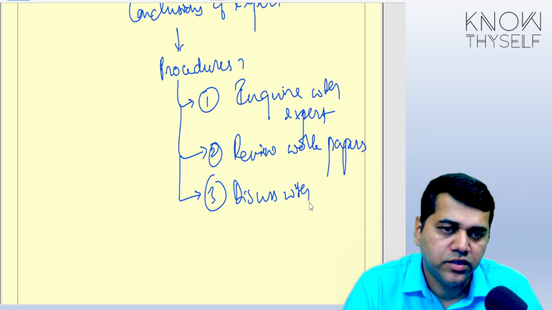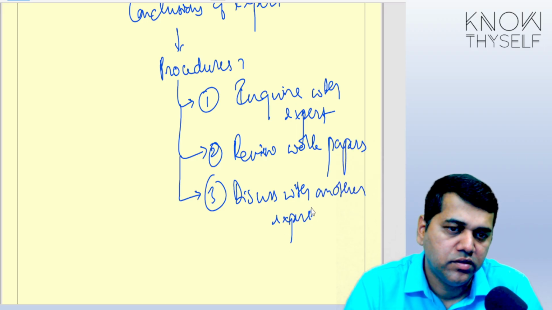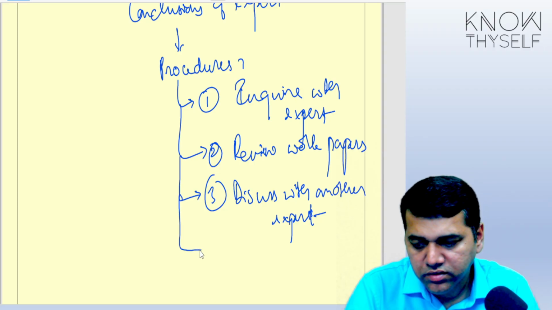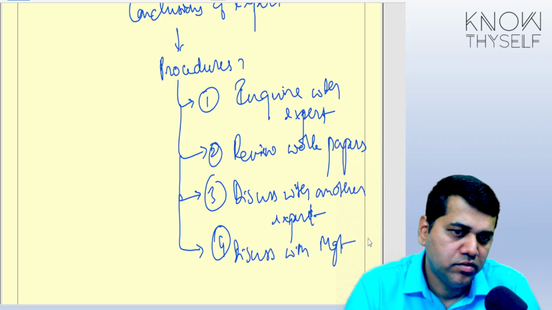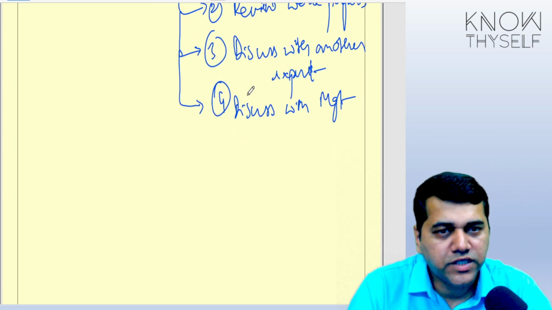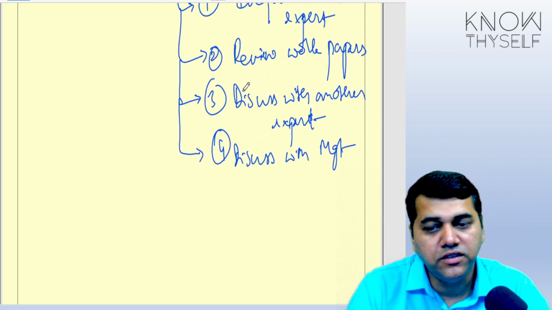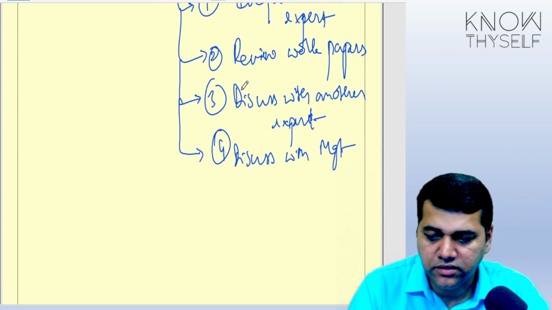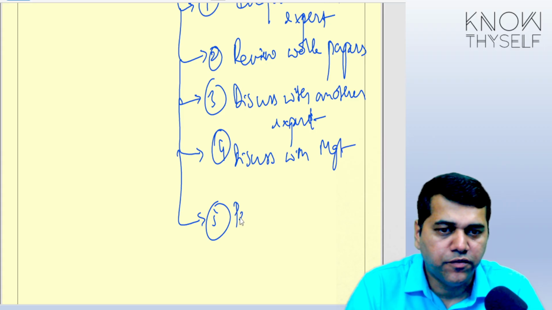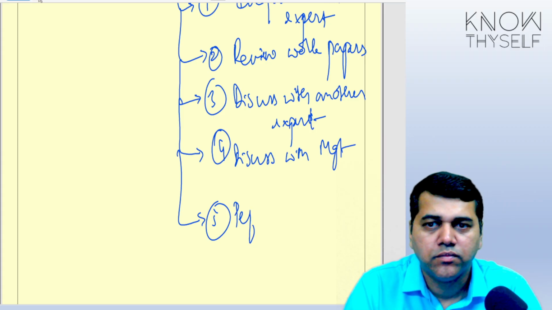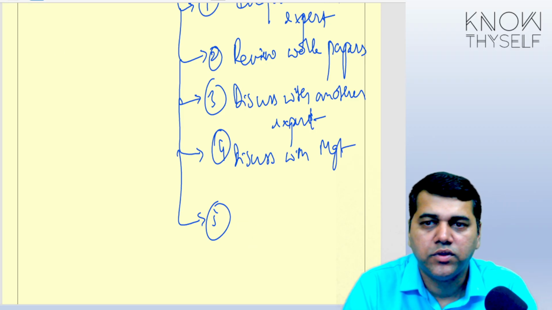Three, discuss with another expert, I can say a second opinion. Four, discuss with management. You check the results with the management. With this, you will get a fair idea if their work is reasonable or not. Or fifth one, perform some procedures.